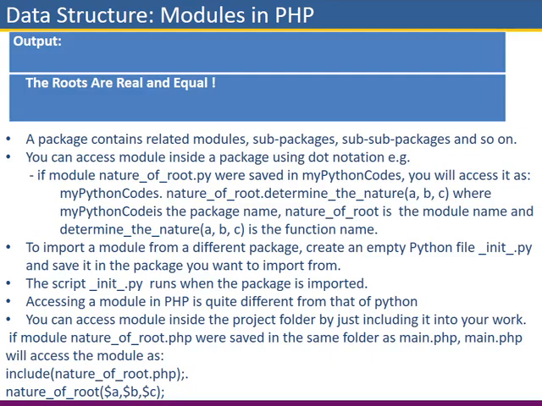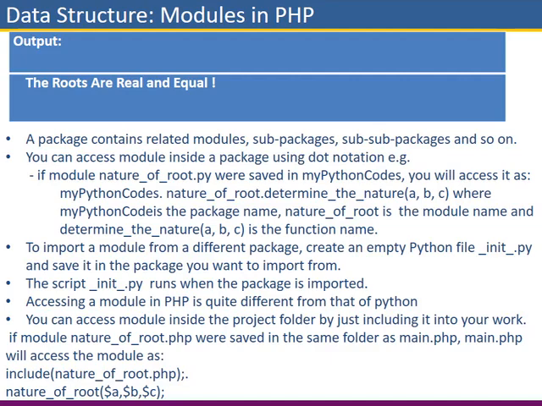A package is a container of related modules, packages, sub-packages, and so on. In Python, packages contain modules and sub-packages, and you can access modules inside a package using dot notation.